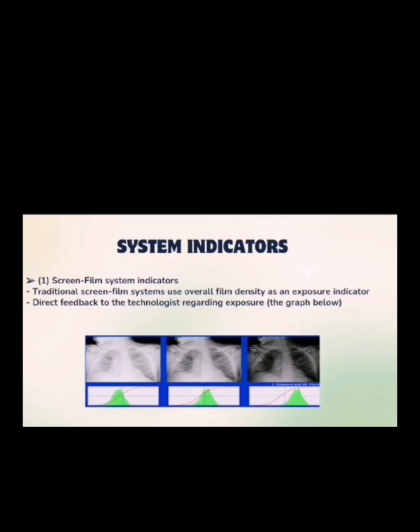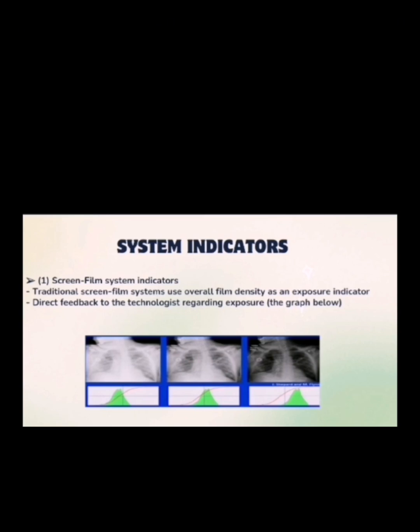First, let us look at screen film system indicators. A traditional screen film system uses overall film density as an exposure indicator and as direct feedback to the technologists regarding exposure, seen in the graph below. The x-axis is the exposure and the y-axis is the optical density.